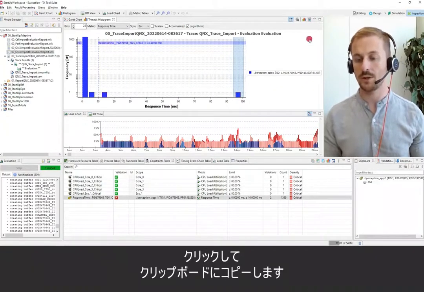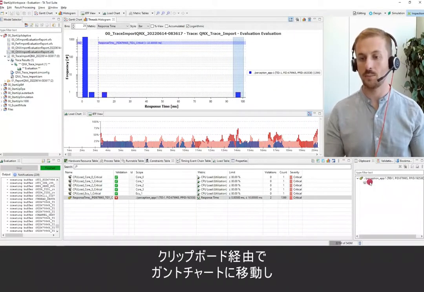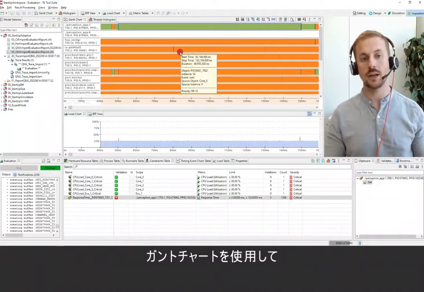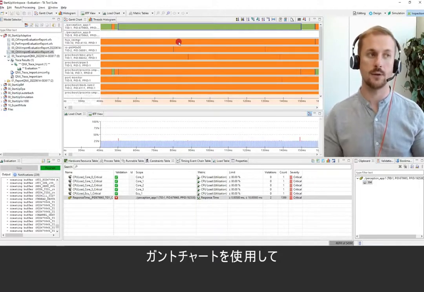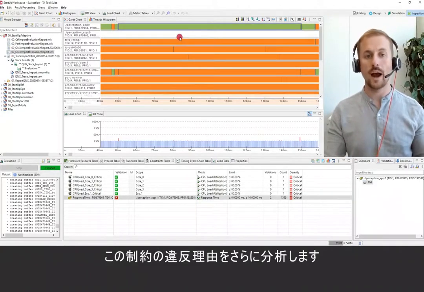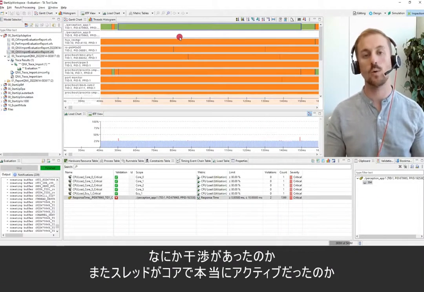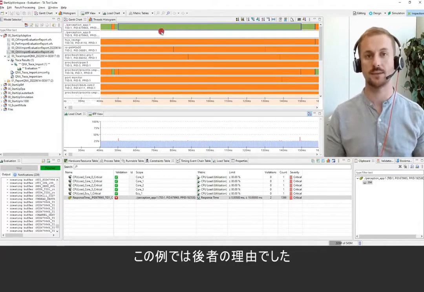Copy it to the clipboard. And via the clipboard, I can go to the Gantt chart. And the Gantt chart can now be used to analyze in further depth why this constraint was violated. Were there any interferences, or was the thread really active on the core, which was the case in this example.